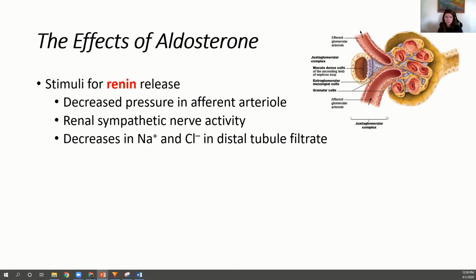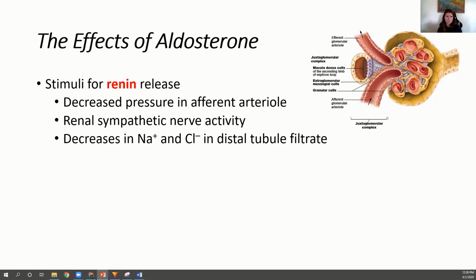Our proximal tubule reabsorbs sodium and chloride ions, and then the fluid goes through the loop of Henle, where sodium and chloride ions are two of the things that we're actively transporting out of the ascending limb in order to keep the medulla nice and salty, making that medullary osmotic gradient. So those are two places where we're moving these solutes, which we also call electrolytes, out of our system.